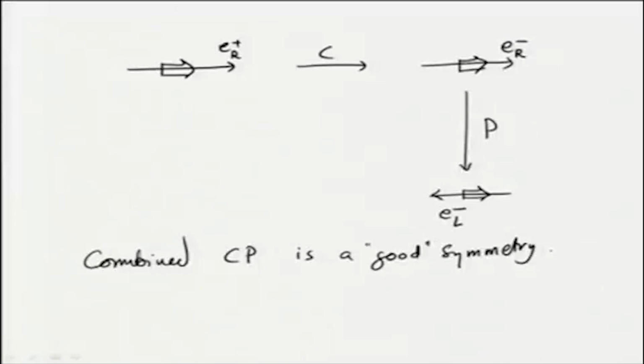This is what we mean by CP is conserved or CP is a good symmetry. So, most of the weak interactions conserve charge conjugation and parity together.